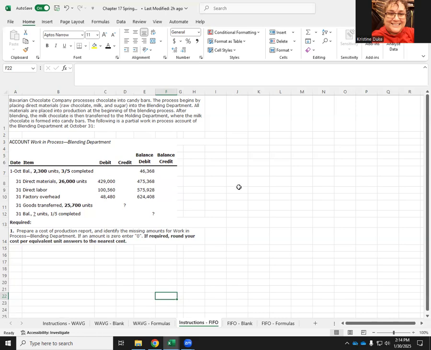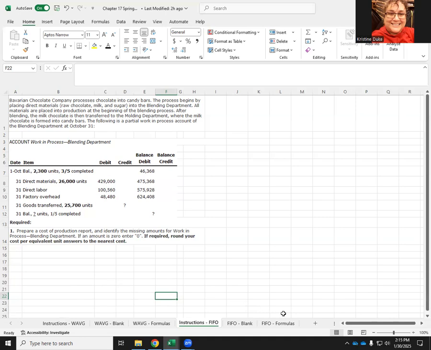Conversion costs are direct labor and factory overhead. Then we added another 2,600 units, and there's the cost for the direct materials. Here's the cost for the direct labor and the factory overhead; these two are conversion. We transferred 25,700 units, and they want us to figure out the ending work in process.